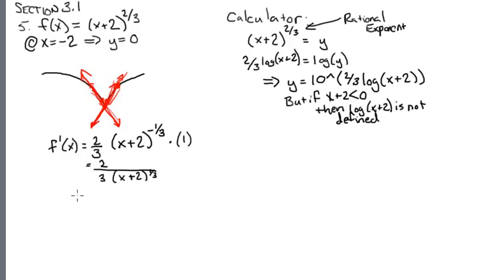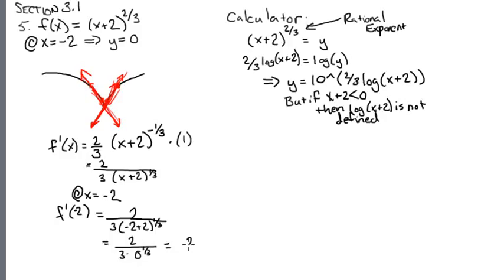So at x equal to -2, I see that that isn't even defined in this derivative. There is no value of f prime at -2, because when I try to put that into this, I get out 3 times (-2 plus 2) to the 1/3, which equals 2 over 0 to the 1/3 times 3, which is just going to be 2 over 0, since 0 to the 1/3 is 0, so 0 times 3, well, that's just 0.